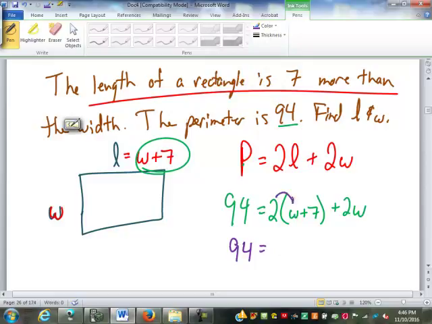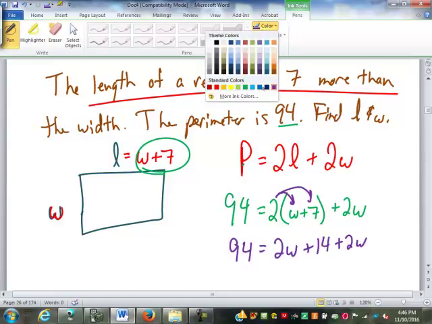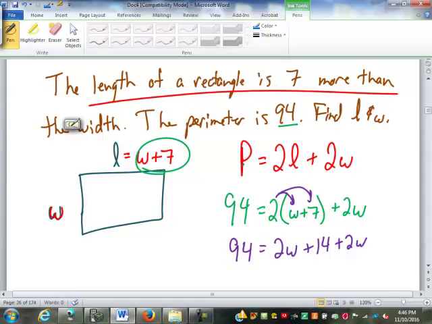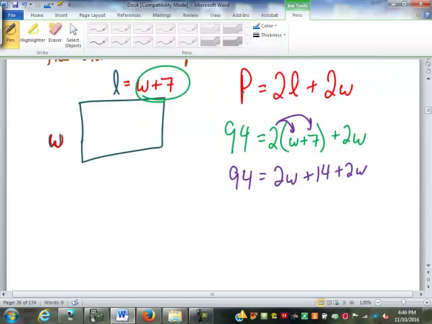Multiplying by 2 here, 2 times W is 2W, 2 times 7 is 14. Then we're going to combine 2W and 2W, make 4W plus 14 equals 94.